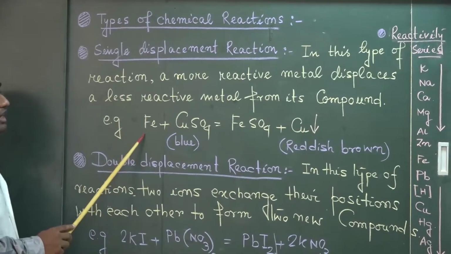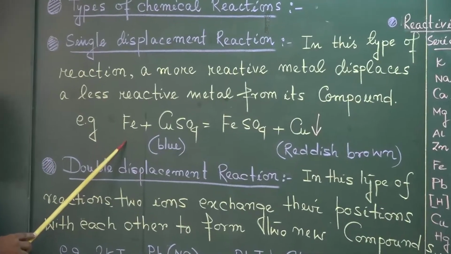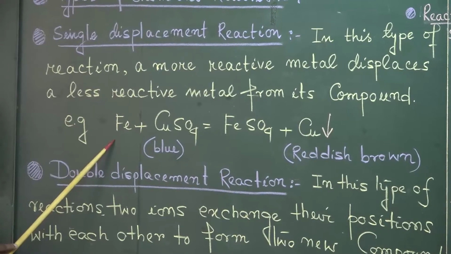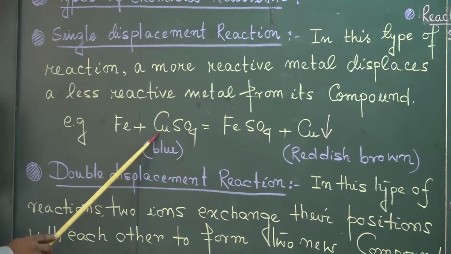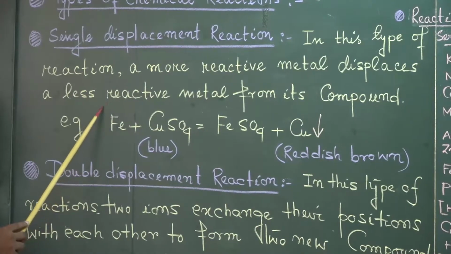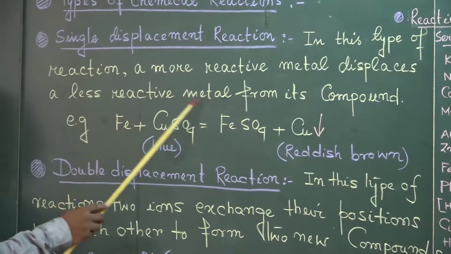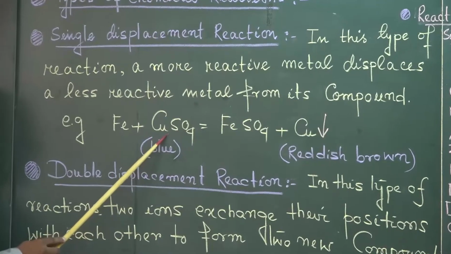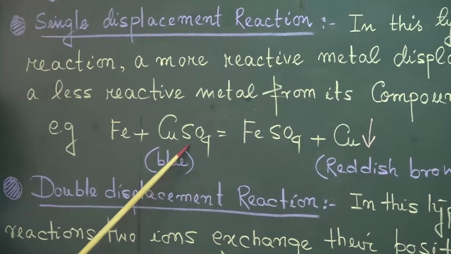So, if we take a close look into the example, we will find that this copper from this copper sulphate has been replaced by iron. So, consider the product. In place of copper sulphate, this is your sulphate ion, students.